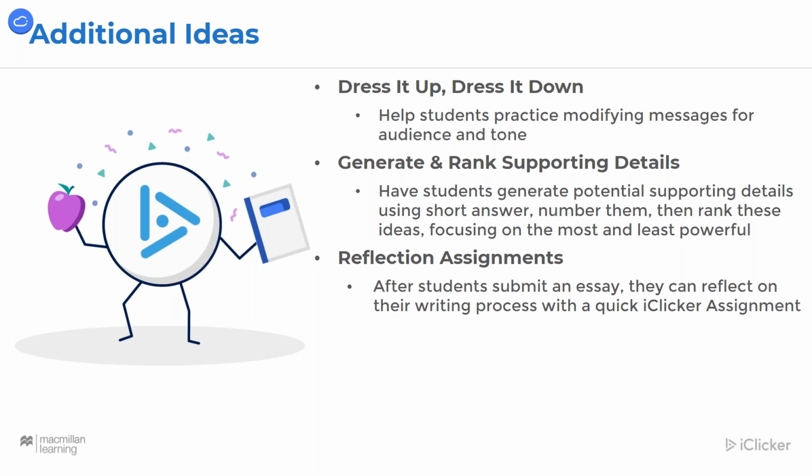So it feels like an iClicker question, but it's something where you could say, okay, turn in essay number 1, and then when you're done with that, go and do this iClicker assignment where I can get some feedback on how the writing process went for you. So be sure to check out that assignment in our iClicker class.